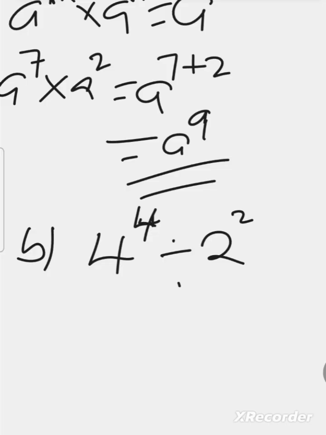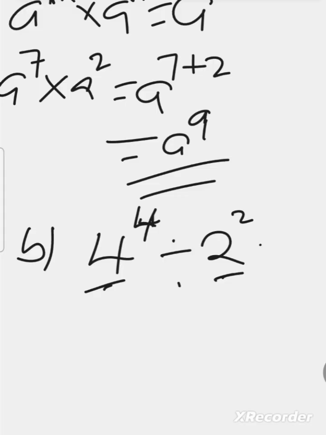Why? It is because the bases are not the same. We said for us to apply the laws of indices, the bases must be the same. So 4 and 2 are not the same. But we can maneuver and get the answer.